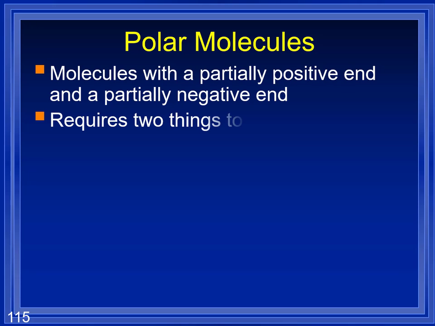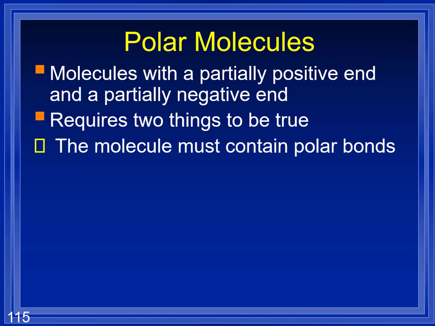Okay. If a molecule is going to be polar, it has to meet two conditions. If it doesn't have both of these conditions, it can't be polar. Condition number one, it has to have polar bonds.